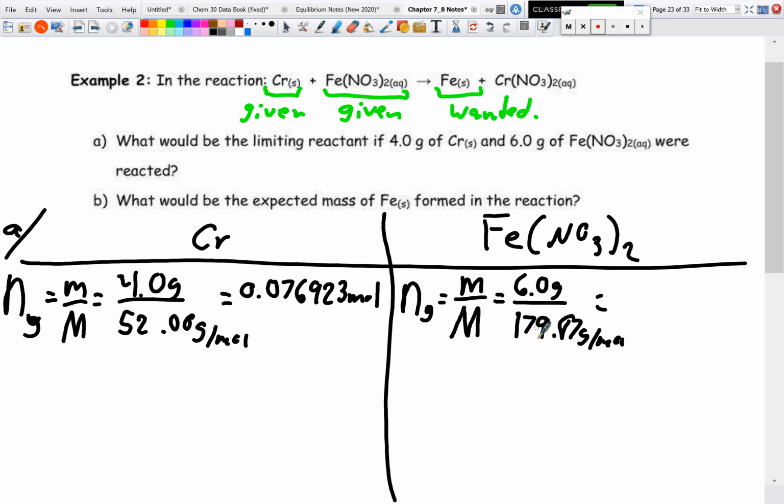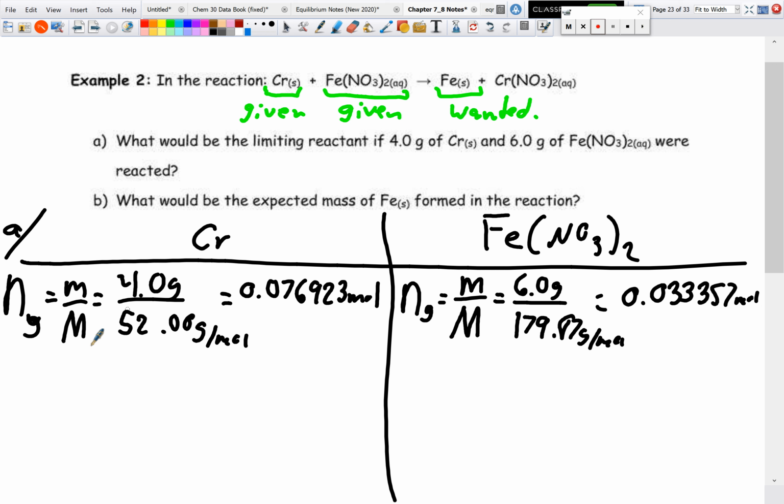We divide 6 grams by that and we get 0.033357 mole. From here, it does look like our iron(II) nitrate is definitely our smaller one, but we still need to go through that whole step of doing our mole ratio just to make sure.